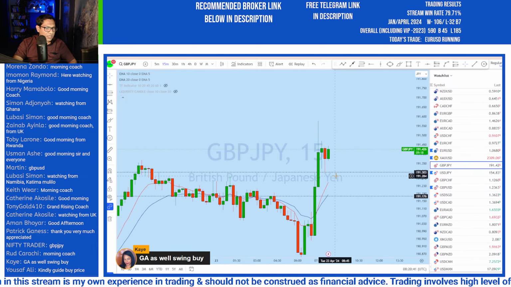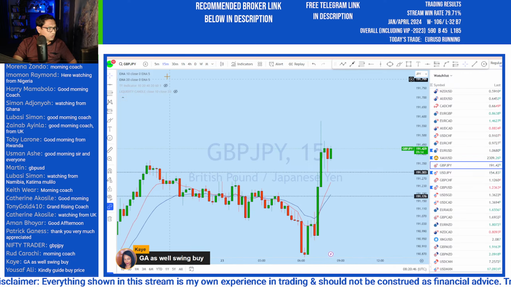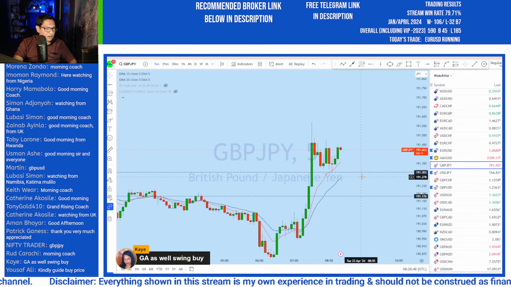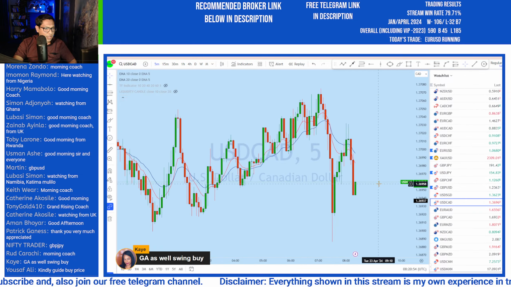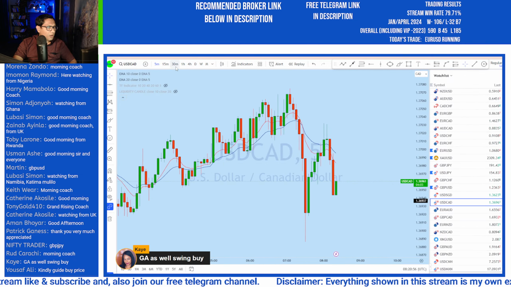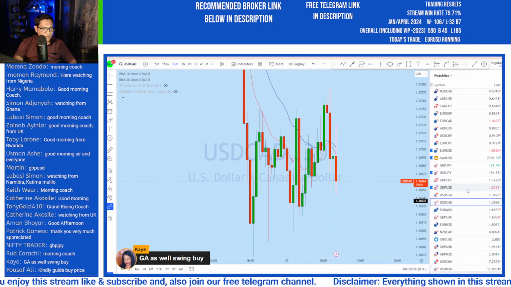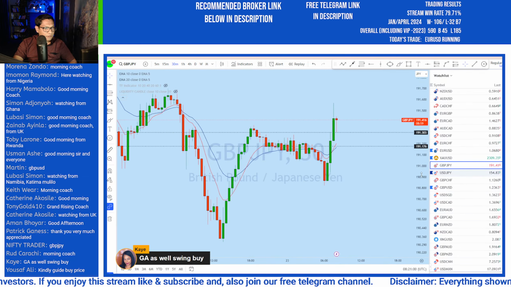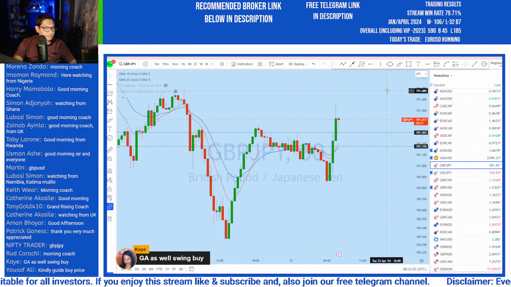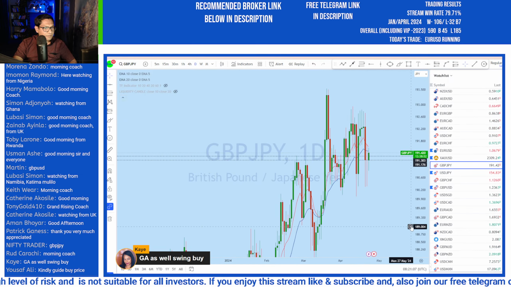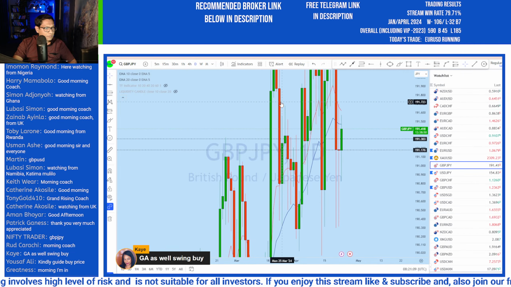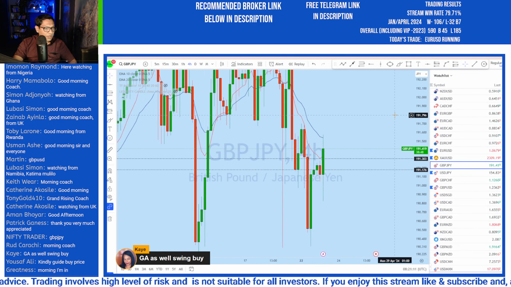So if the news gives a spike here, that's what I'm aiming for, for the price to give us an entry. While you see the dollar CAD also has got a rejection, I will be coming back to it. First, let's look at GJ. Looking at the daily, you guys with me for GJ.